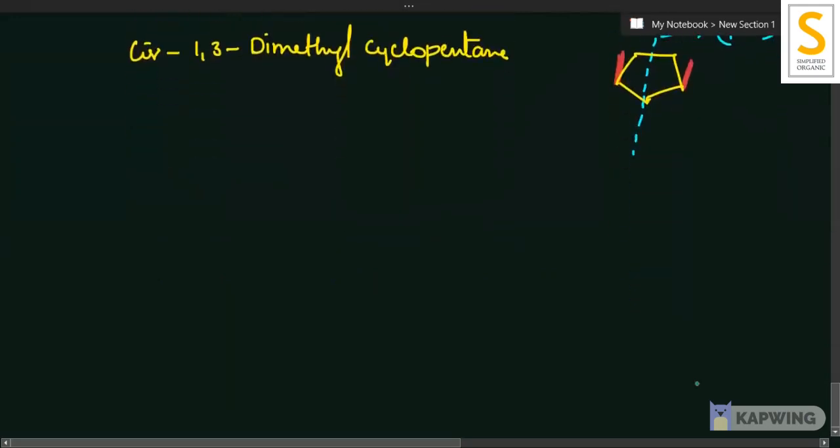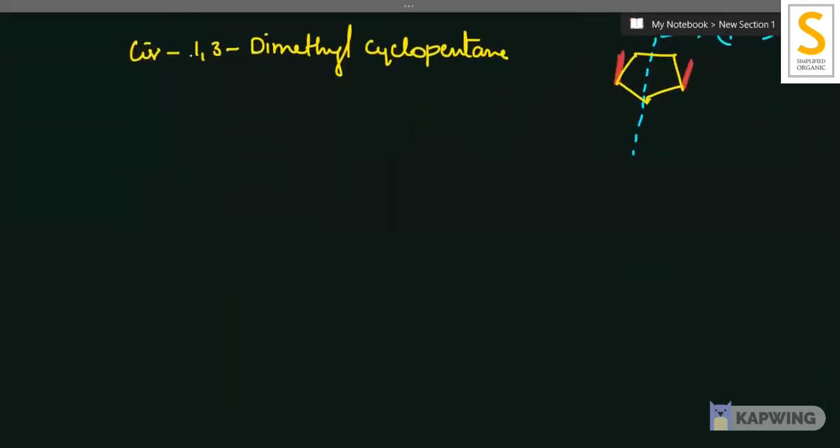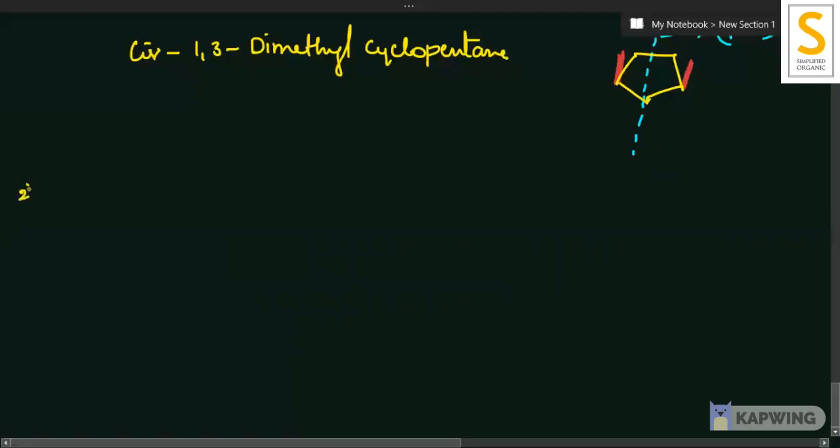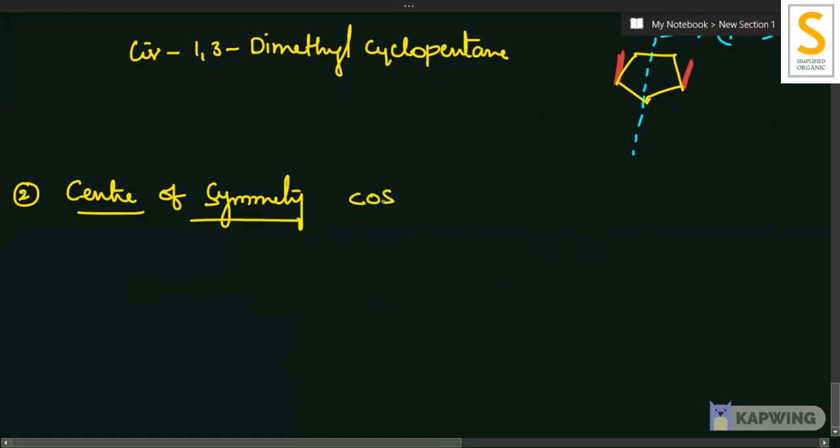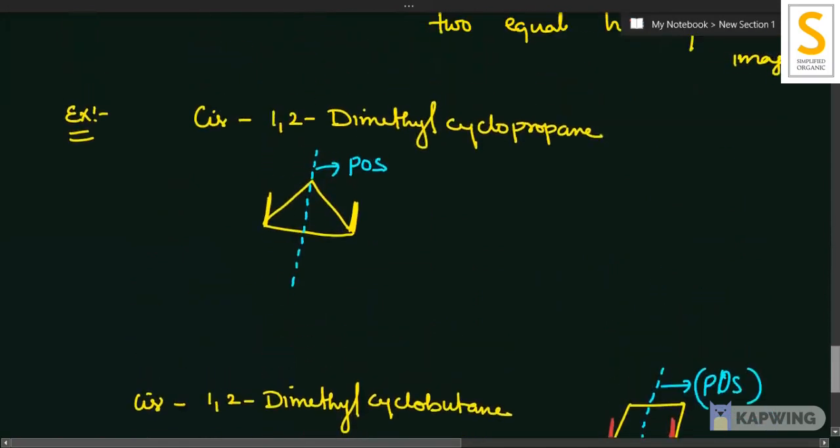Okay. Now coming to the center of symmetry, the second important element of symmetry. What do you mean by center of symmetry? Maximum examples you can easily solve by using just plane of symmetry.